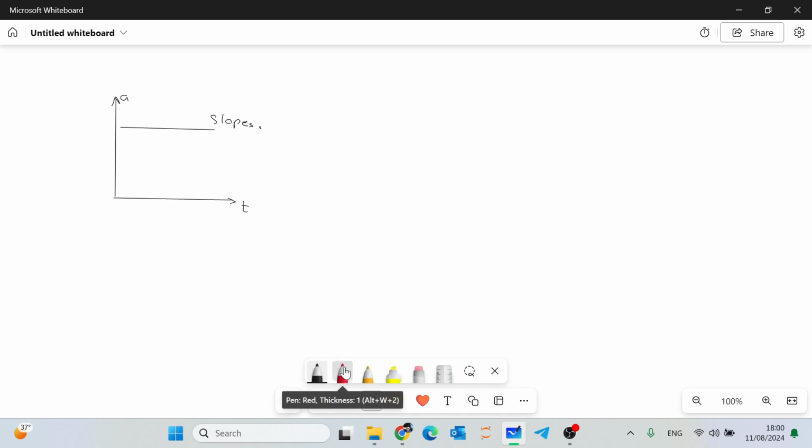And the next diagram I would show you is the velocity-time diagram, vt, which has a constant slope, and its slope is showing us the acceleration. So this is the initial velocity.